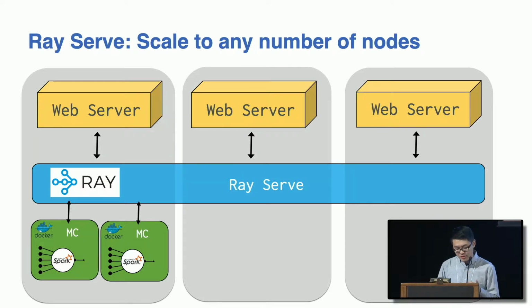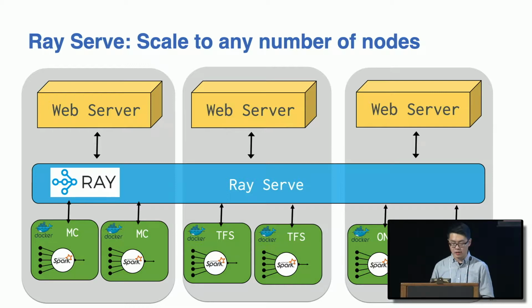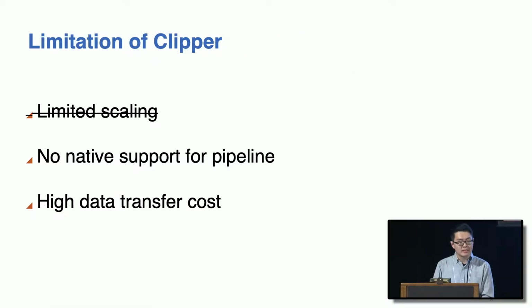Serve acts as a central control plane and data plane spanning multiple nodes. It can talk to, for example, Clipper model containers, as well as TensorFlow Serving containers, or even ONNX Runtime, or any prediction serving system that serves a single model. So with Ray, we really address the limited scaling limitation of Clipper.